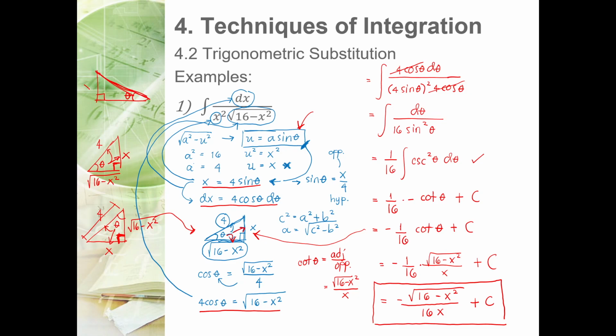The opposite side is x, this one is 4. So opposite side all over the hypotenuse. Opposite of the angle all over the hypotenuse.